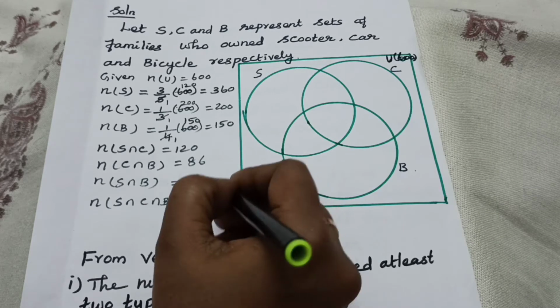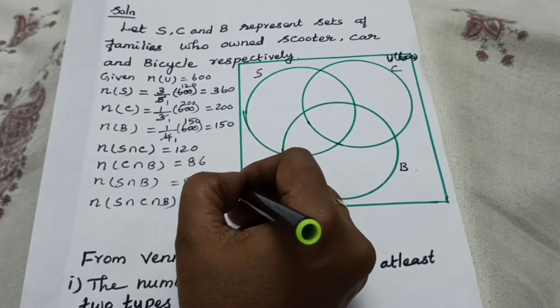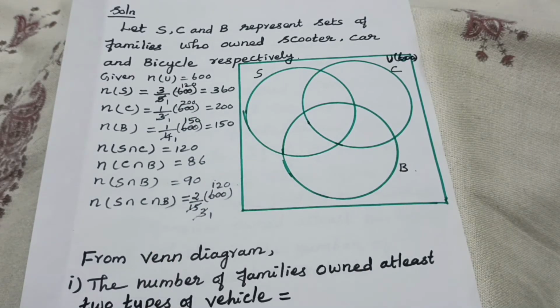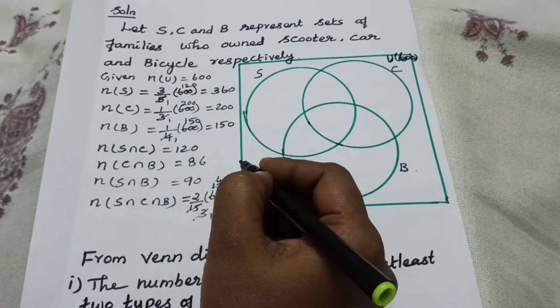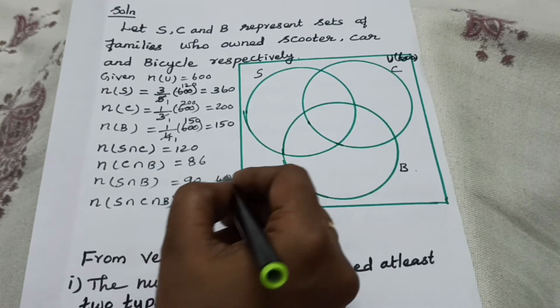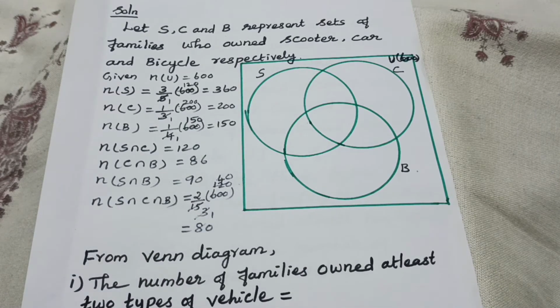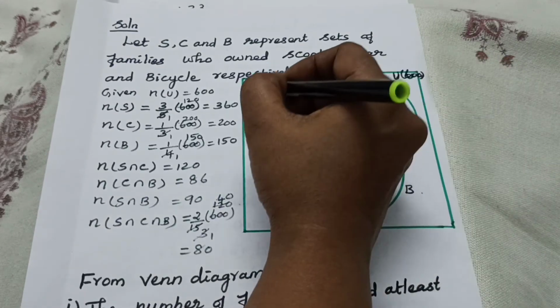Here 3 it will come, here 1, then 2 0. 1 3 is 3, 4 times, 4 then 0. 2 into 4 is 80. Okay, from the Venn diagram, then we have to write what? Here n of S we know.